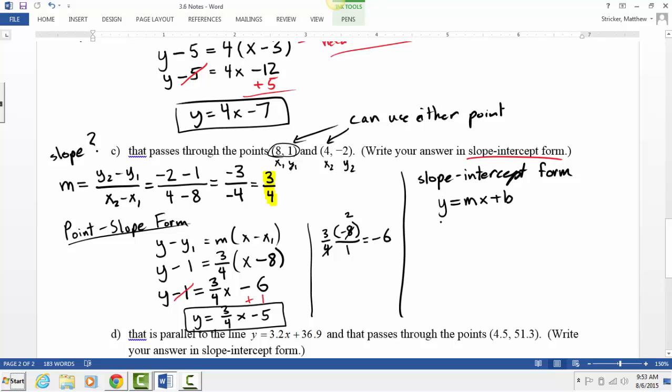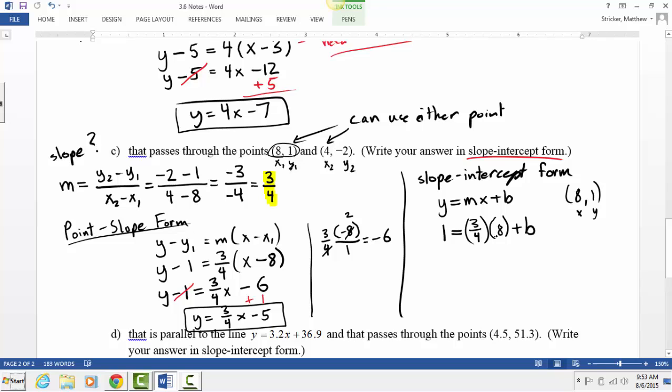So we have a y point. The y point is 1. Then we have m, which is 3/4. And our x would be 8. So if we use the point 8, 1, this is our x and our y. So this would be times 8 plus b.